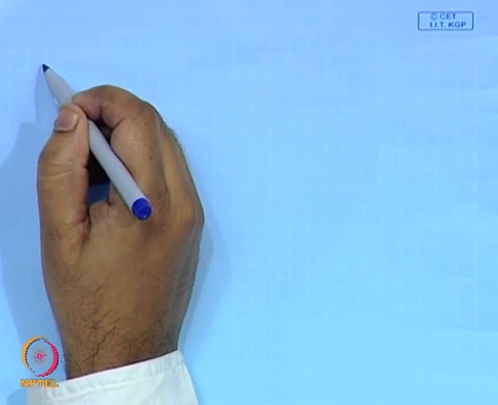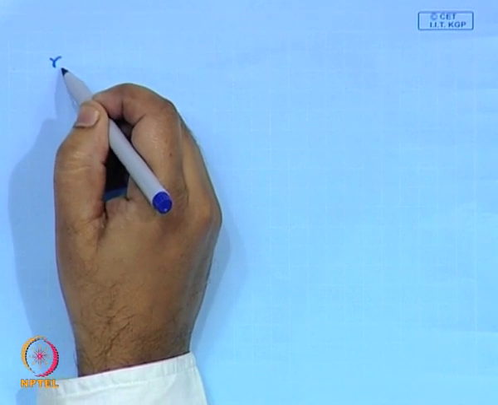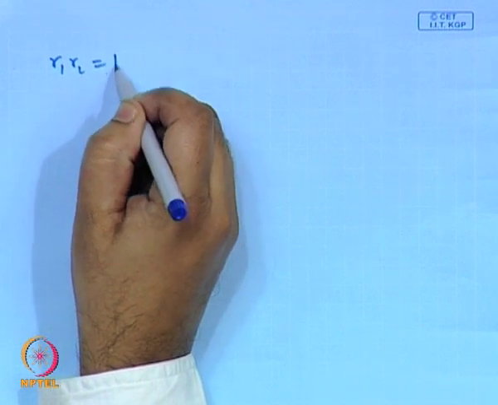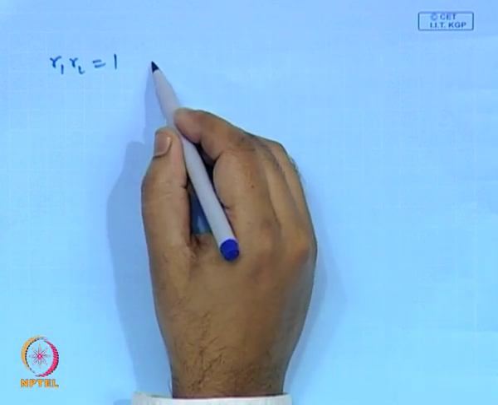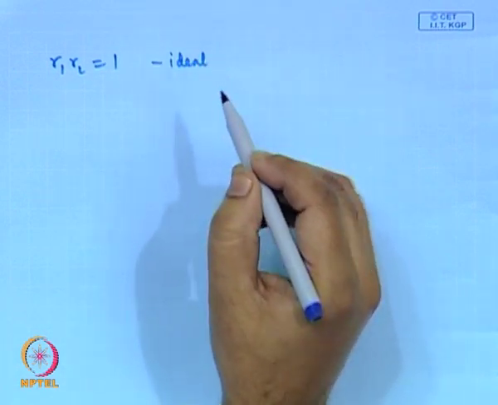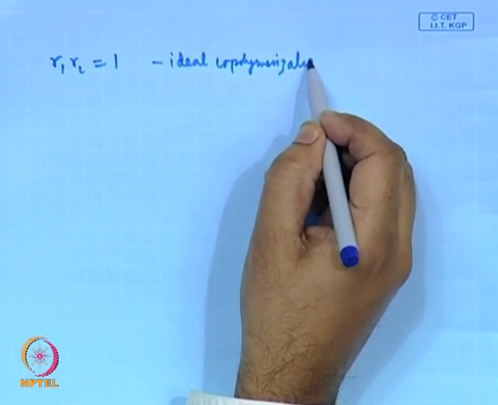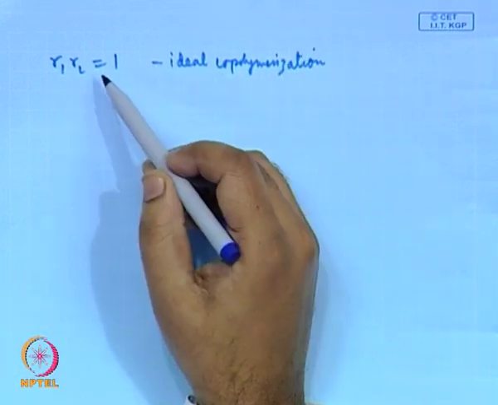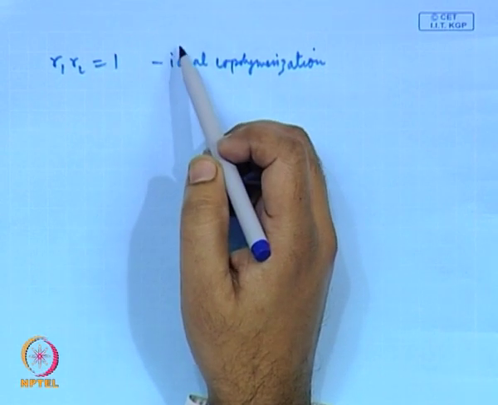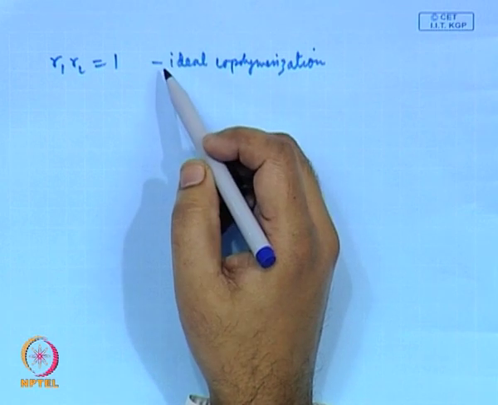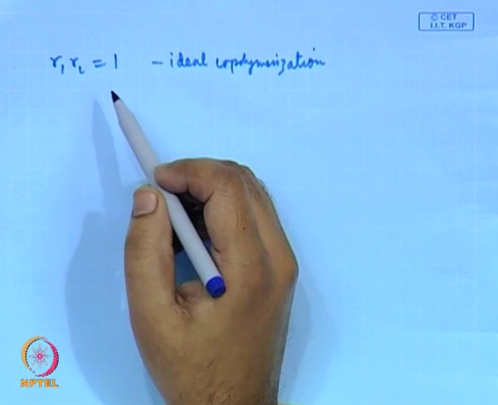Now, if we continue the discussion we were having in the last lecture, we have talked about different types of copolymers. For example, in the first case, if r1 r2 is 1, that gives us ideal copolymerization. Now, this happens if the monomers have very similar structures, and most ionic polymerizations also follow this type of behavior.